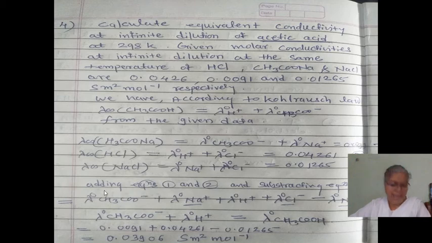And adding equation number 1 and 2 and subtracting equation number 3, we get the lambda infinity of CH3COOH.